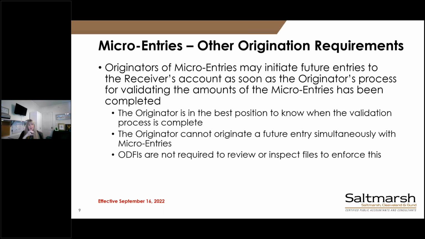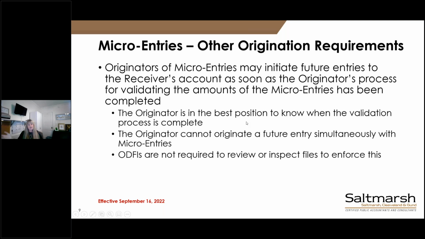Then they have a piece to play in order for that validation process to be complete. The originator is going to be the one in the best position to know when that validation process has happened. Once it happens, the originator can send those future transactions.